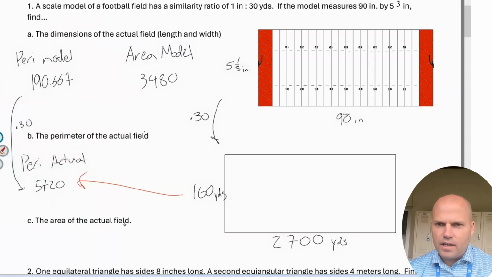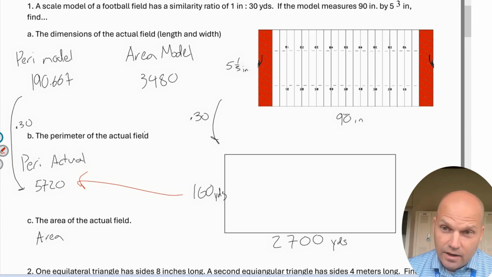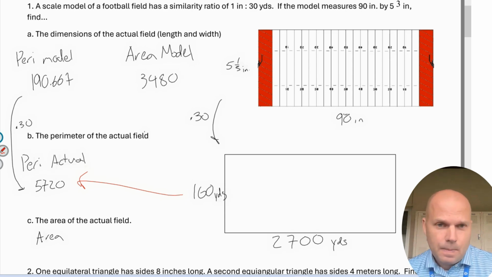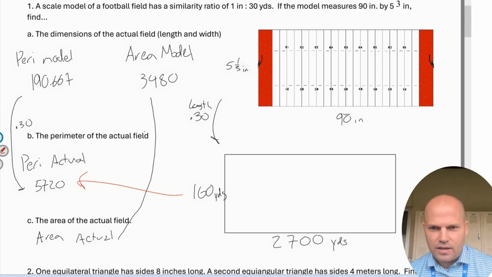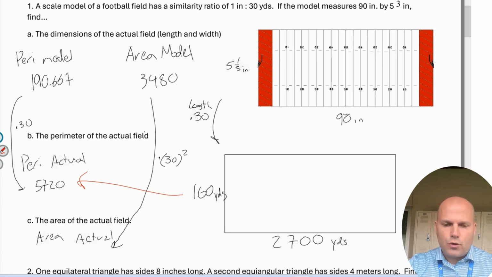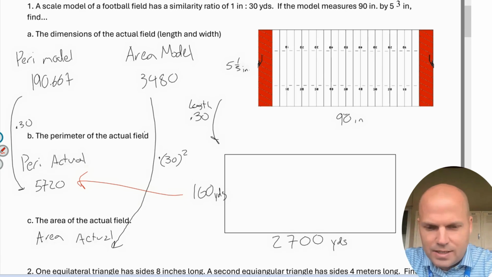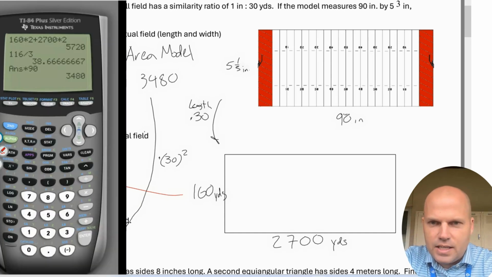You could get the area of the actual field by doing what? Taking the area of the model and multiplying it by 30? No. Areas are in units squared. So this times 30 is like a length factor. It's a scale factor. But I would actually take this area of the model and multiply it by 30 squared, the length, the units squared. So let's see that.